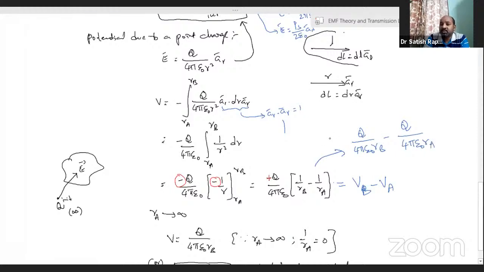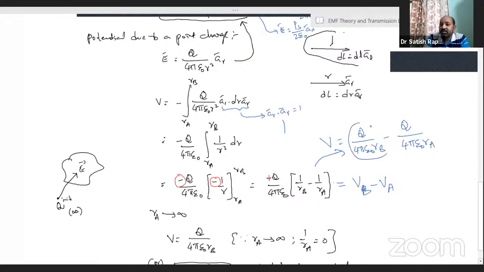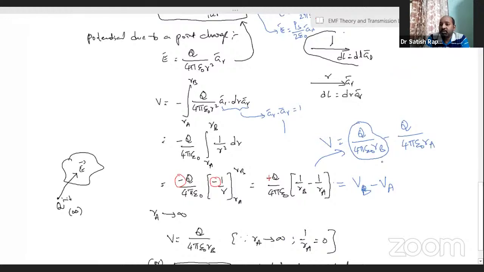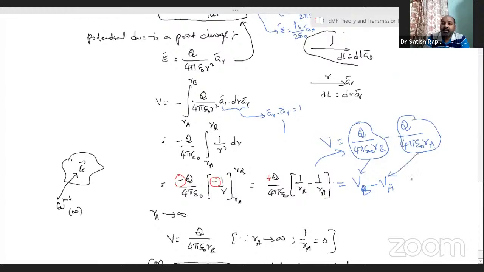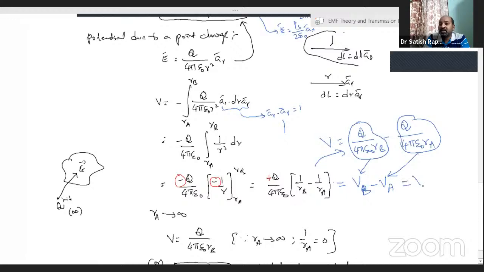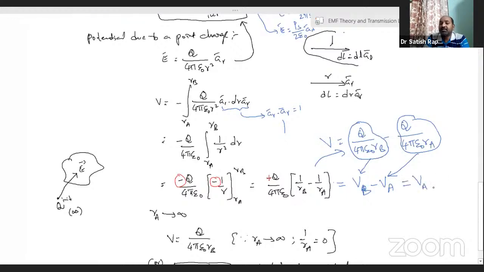This is potential at point B, and this is potential at point A. So VB minus VA is nothing but the potential difference, VAB. Therefore VAB is equal to VB minus VA, the potential difference.